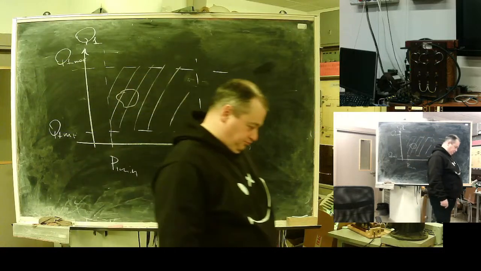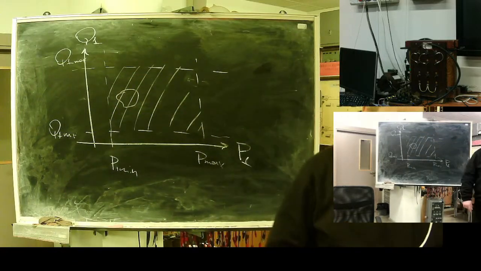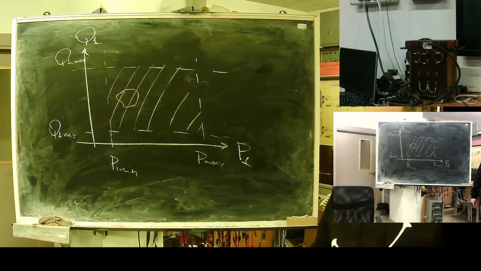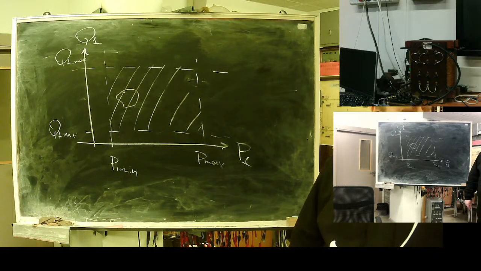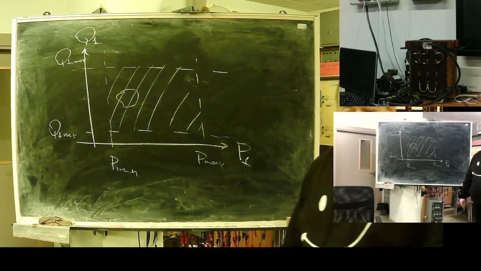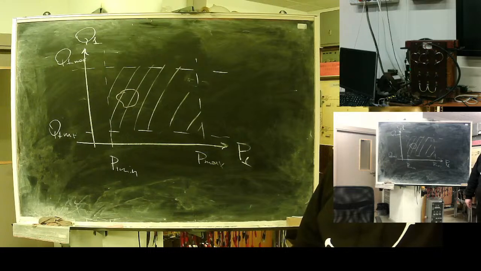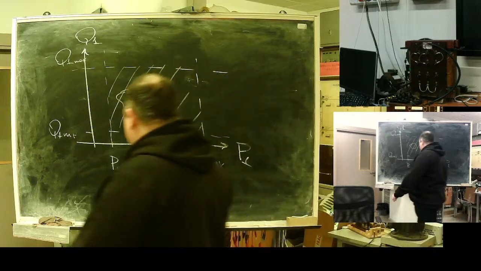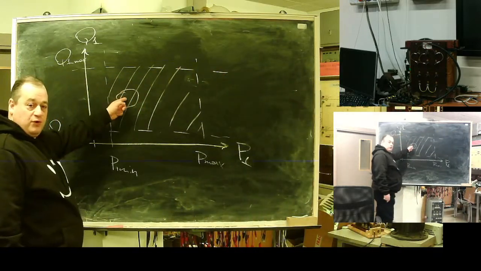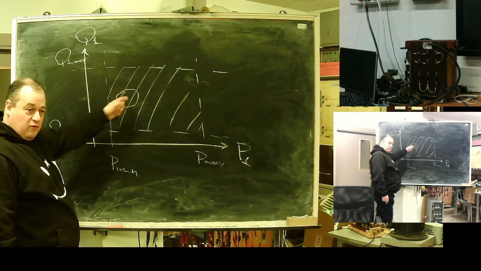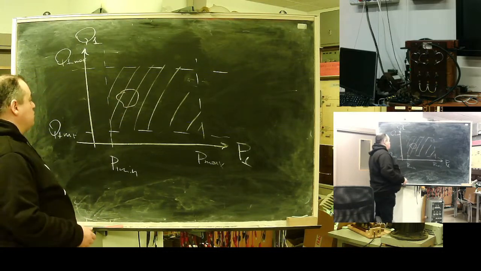It's an area of articulated vibration, or danger of resonance. You can pass through it, but you cannot operate in this gray area for continuous time. If not, it will go out of possible solutions.